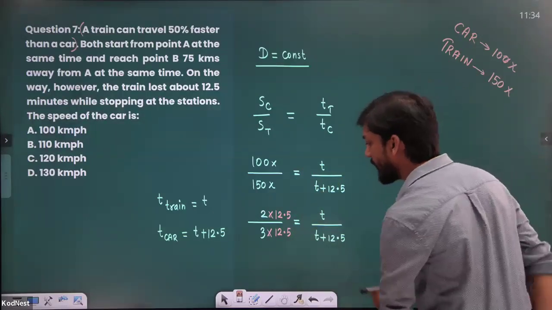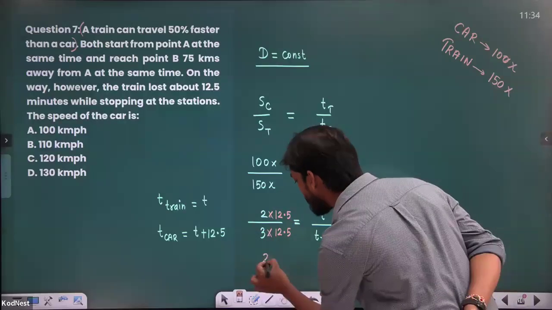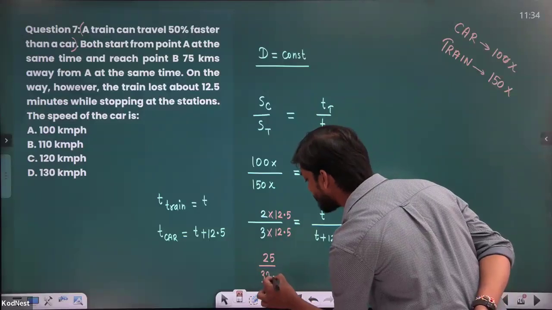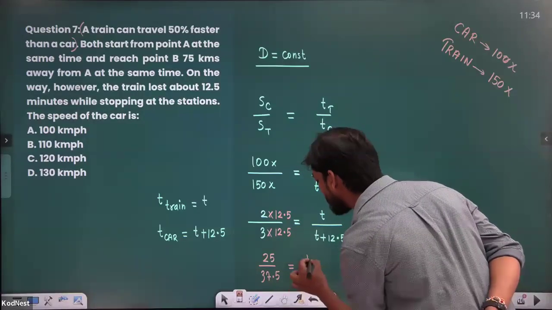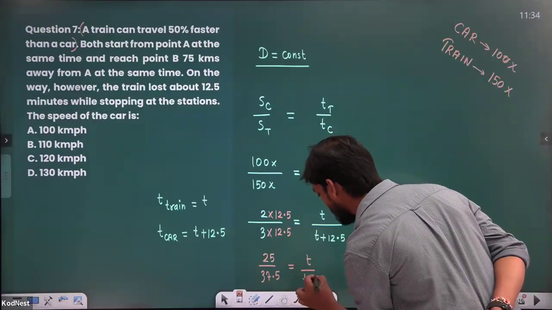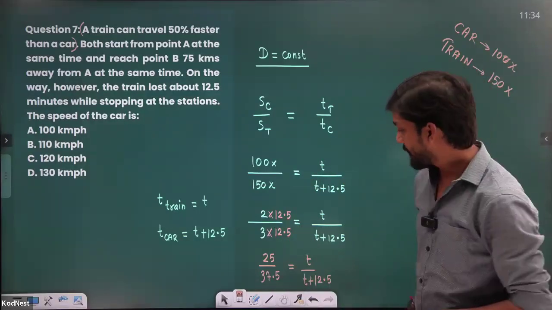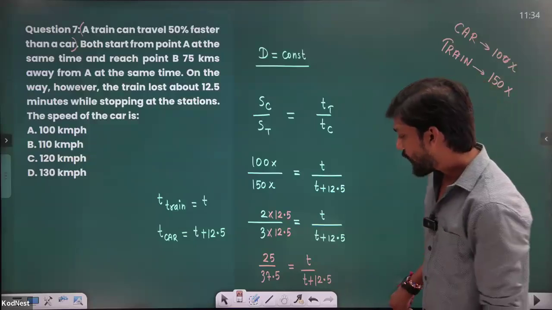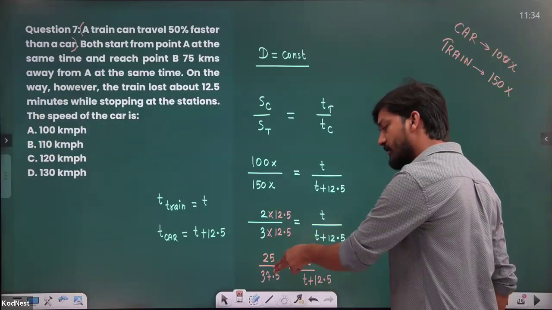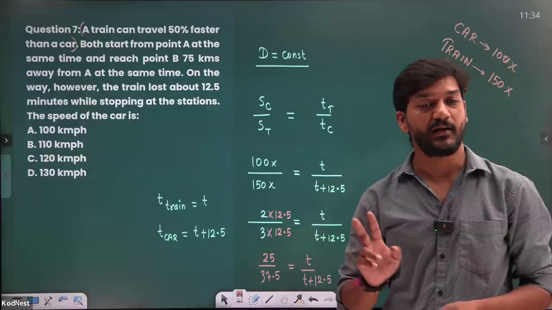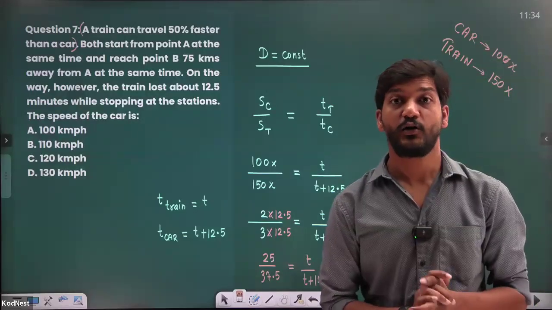Okay, let me write this. 12.5 into 2 is 25, and this is 37.5. Carefully answer. What is the difference on the left side of numerator and denominator? 12.5.